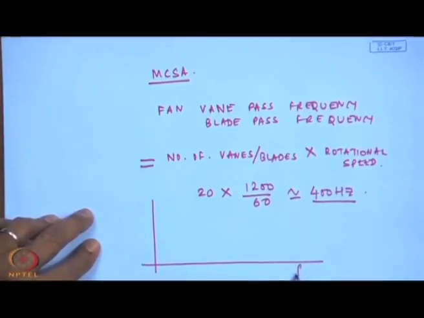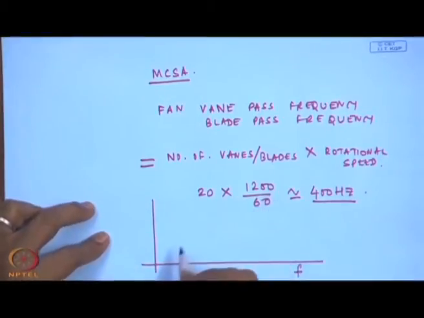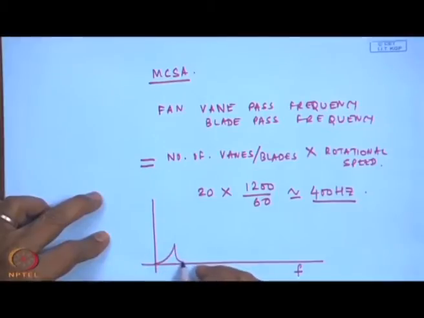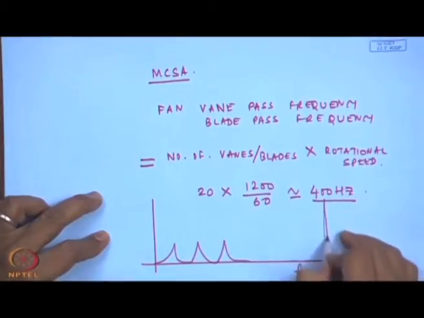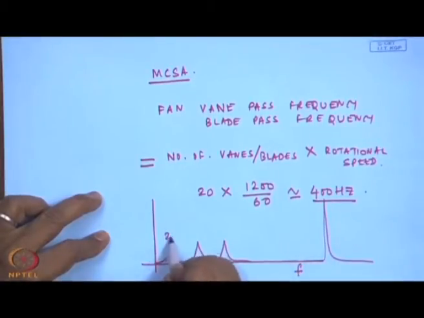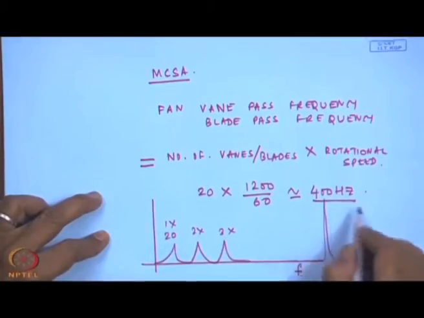I will definitely see peaks. This corresponds to how much? 20 hertz. I will see peaks at 20 hertz, 40 hertz, maybe 60 hertz, and of course, all the way. So, this is 20, which is known as 1x, 2x, 3x, and then of course, 400 hertz.